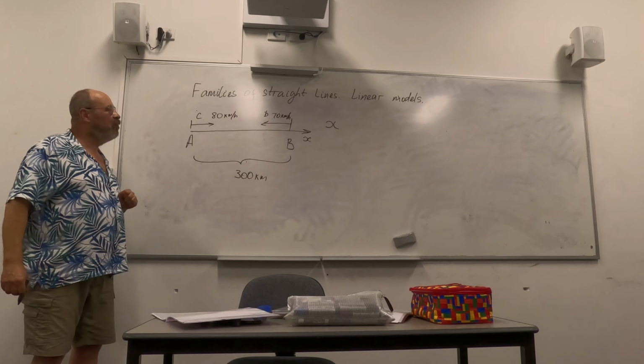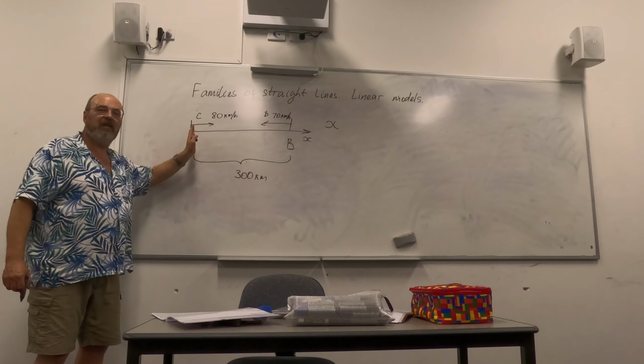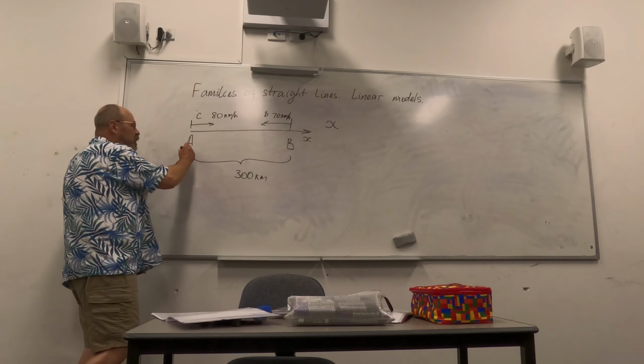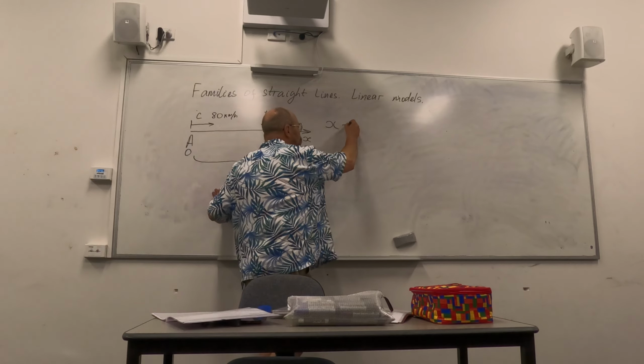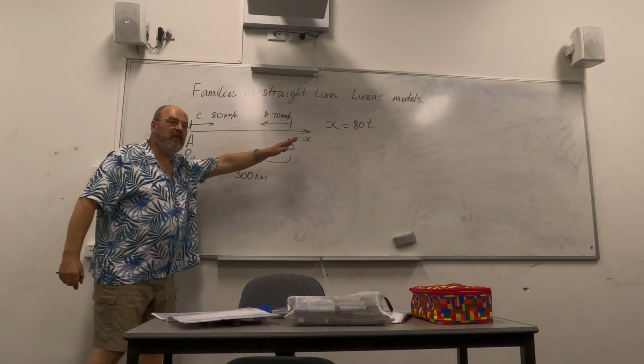And what will be the equation of the position of the car at any given time? It starts from 0, we take 0 here. Time is t, so its position will be equal to 80 times t. Does that make sense?